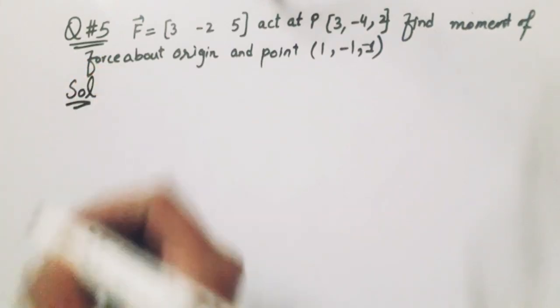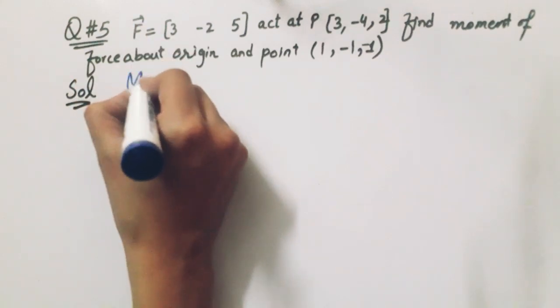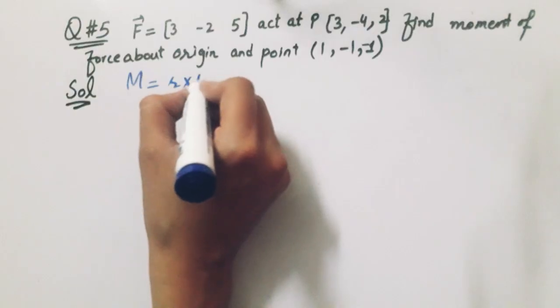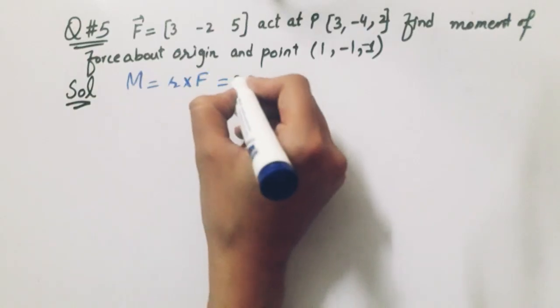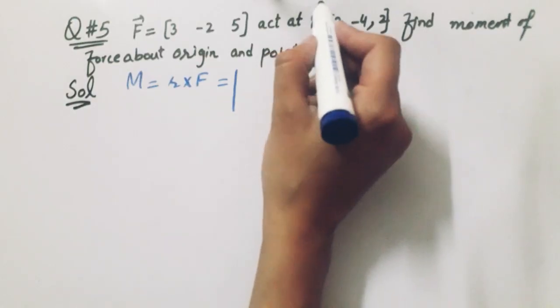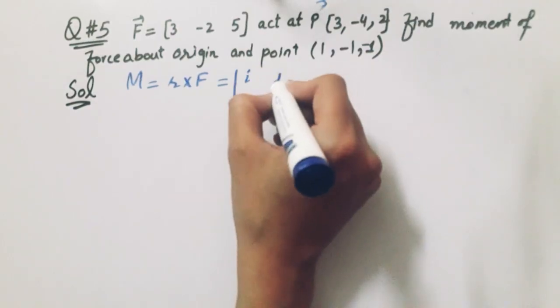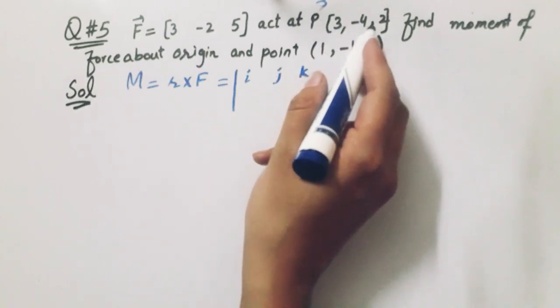The formula of moment is M, which is equal to r cross F. So you will take the cross product, which means r is equal to this vector. First of all you will write i, j and k. Then write 3, -4 and 2.